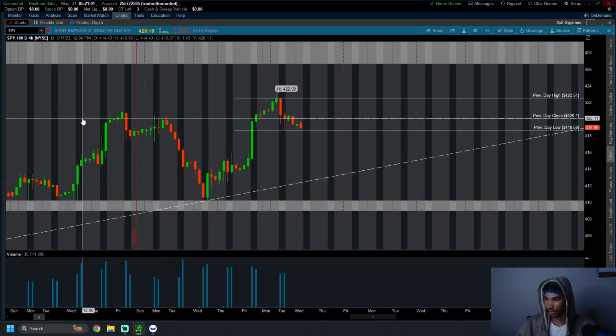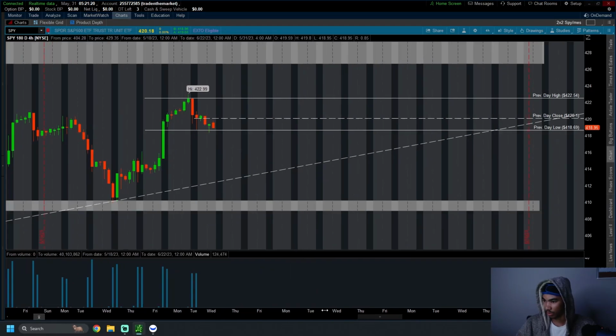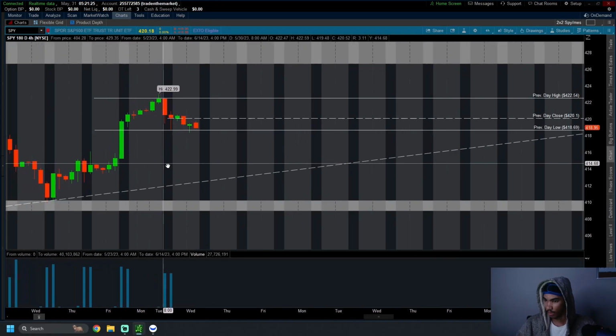That's a good sign because it's a level we already drew. We see price basically comes here and wicks off. Comes here, opens right above, and then drops right under. So the previous day close, 420.10, could be an interesting spot to watch price, right?